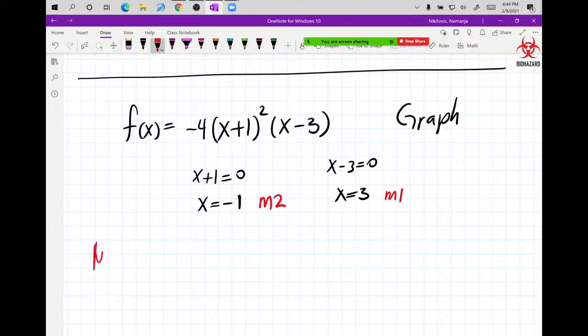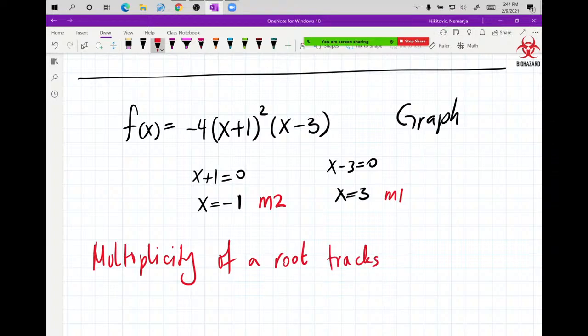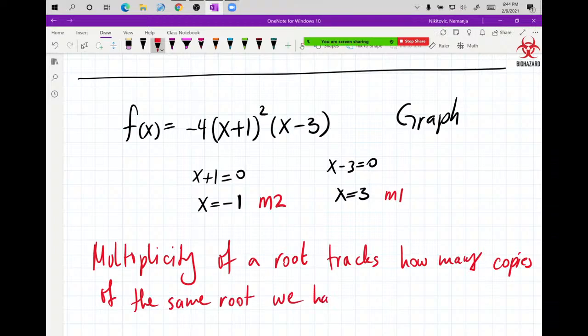So multiplicity of a root tracks how many copies of the same root we have, right?